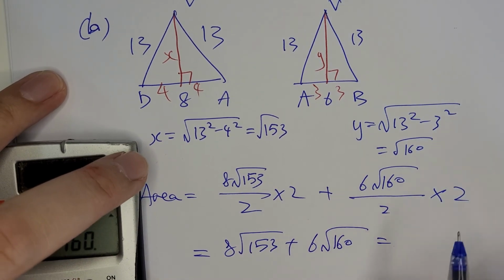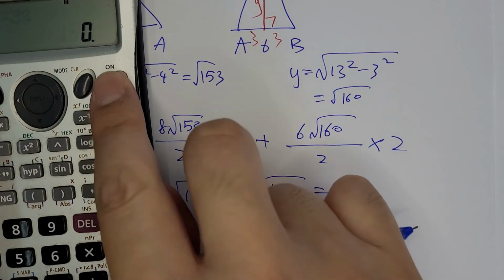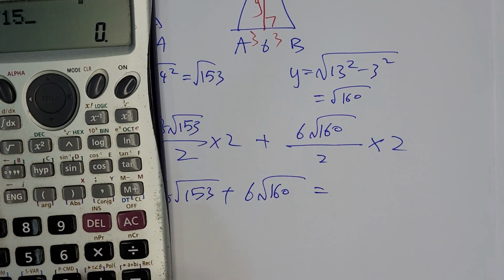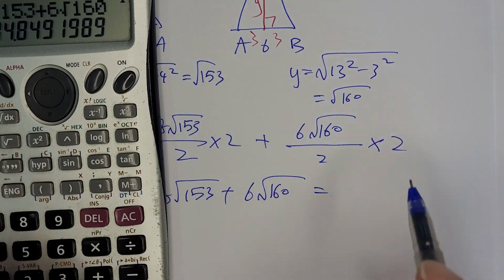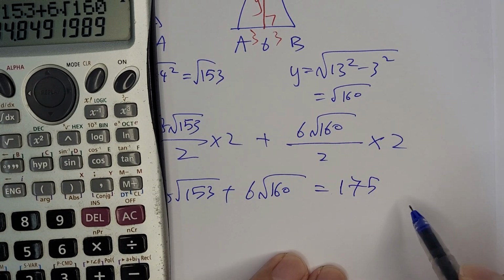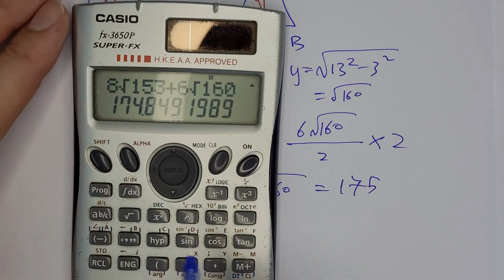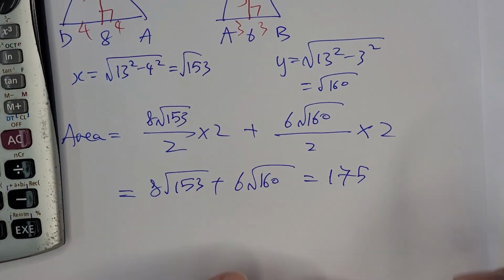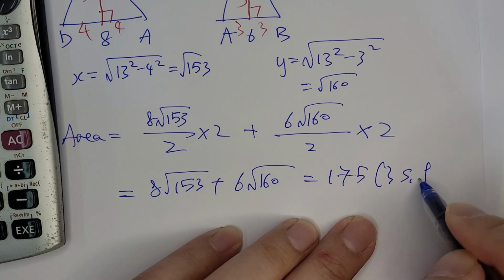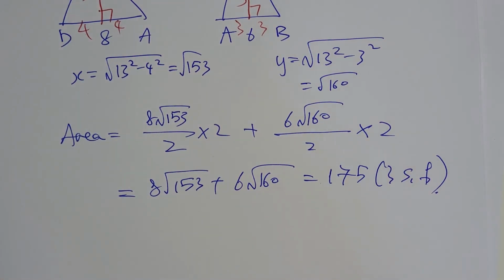Of course, plug it into the calculator to get the final answer. You will get 174.8 something. But final answer, 175, correct to 3 significant figures. So that's the end of question number 9, and that's the end of this paper.